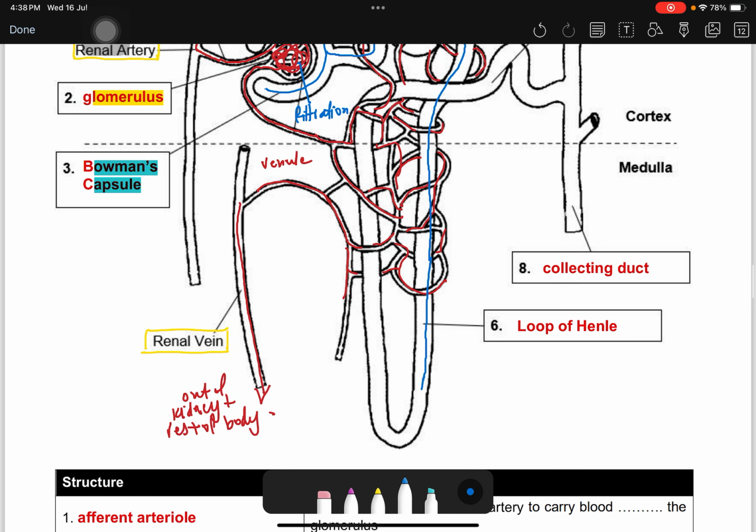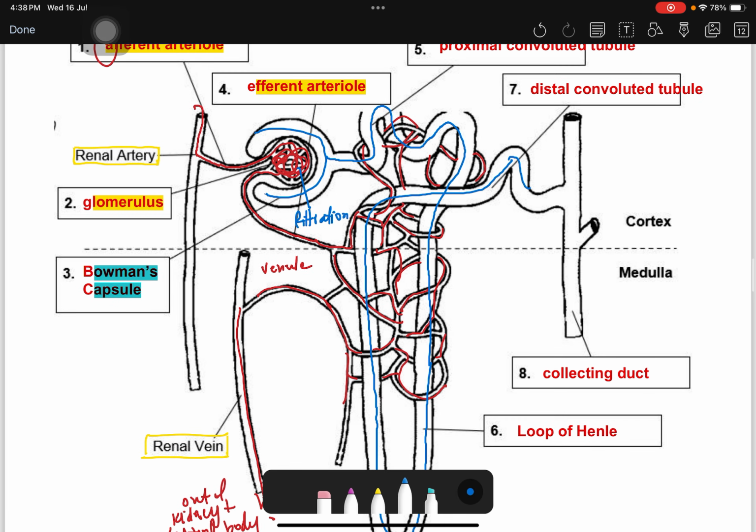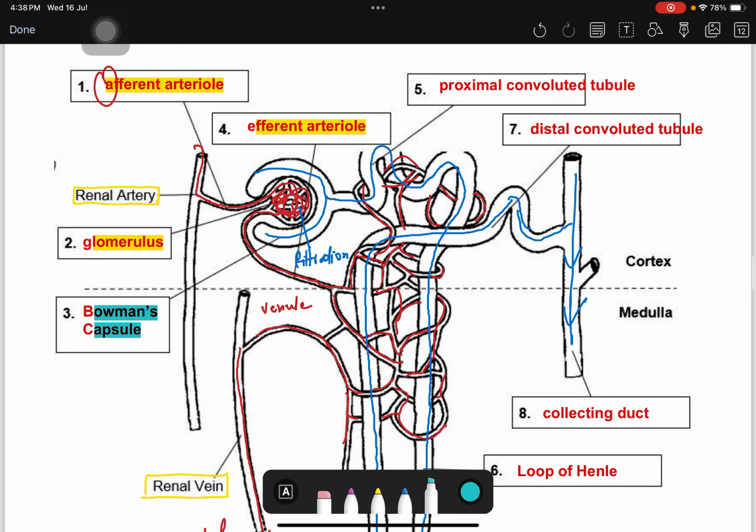The filtrate continues moving through, and it will be transported to the distal convoluted tubule into the collecting duct where the urine will be collected. So what makes up the nephron includes Bowman's capsule, proximal convoluted tubule, loop of Henle, distal convoluted tubule, and the collecting duct.